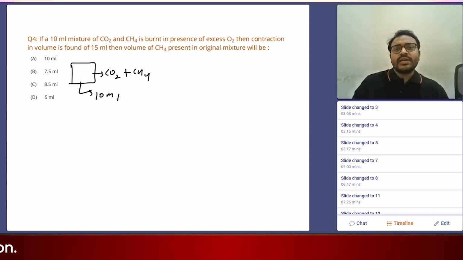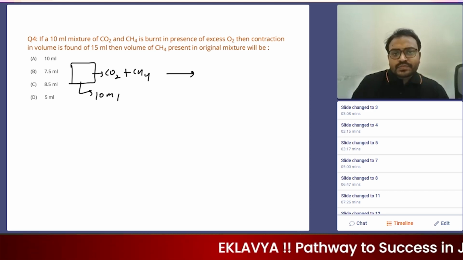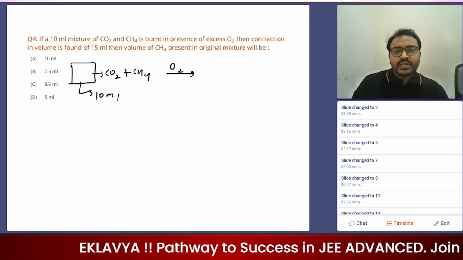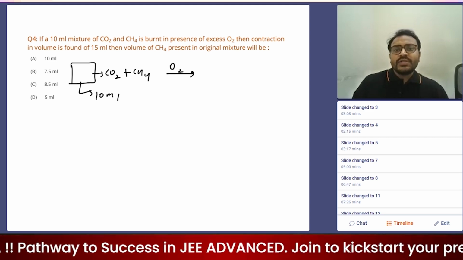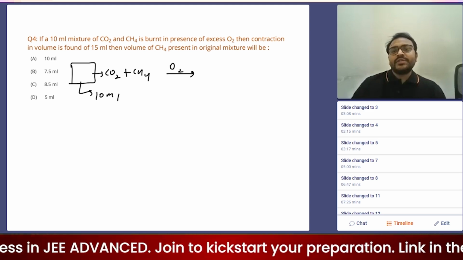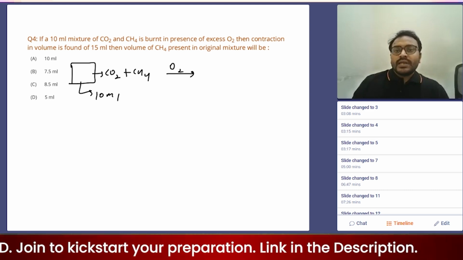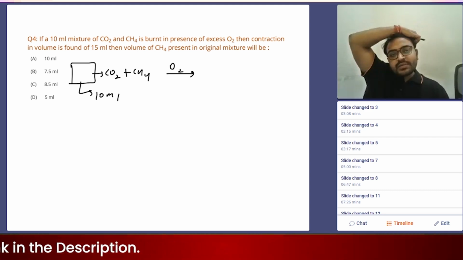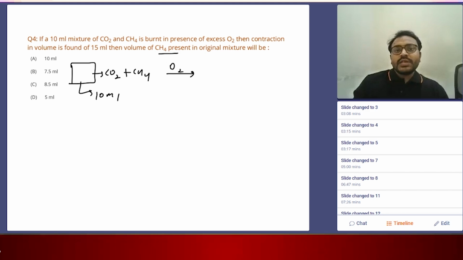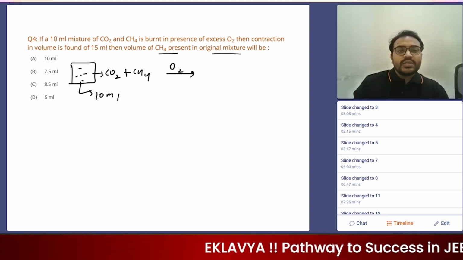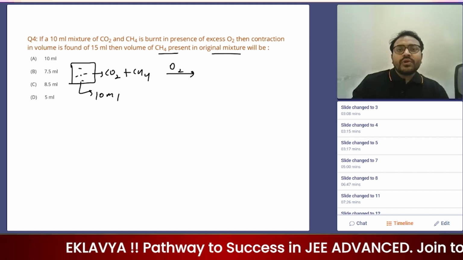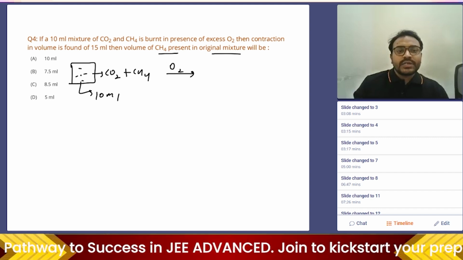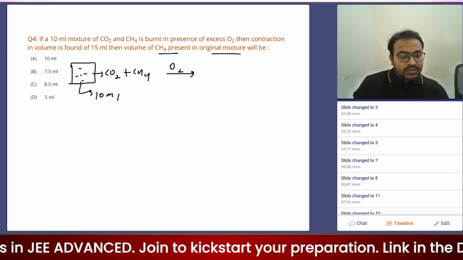It is going to be burnt in the presence of excess oxygen, and then a contraction in volume of 15 ml is found. Then we have to find out the volume of CH4 present in the original mixture. So how much volume of CH4 is present in this original mixture? This is the question.